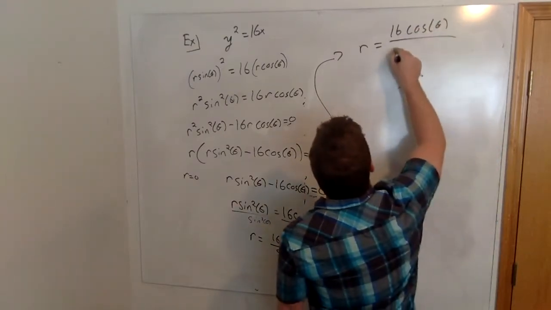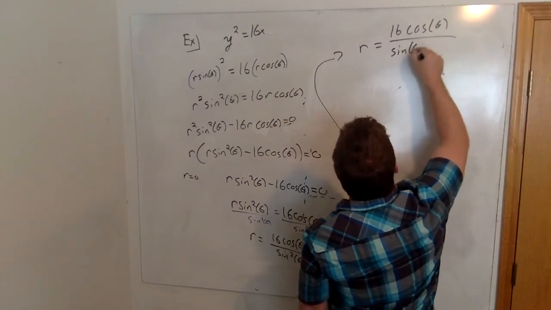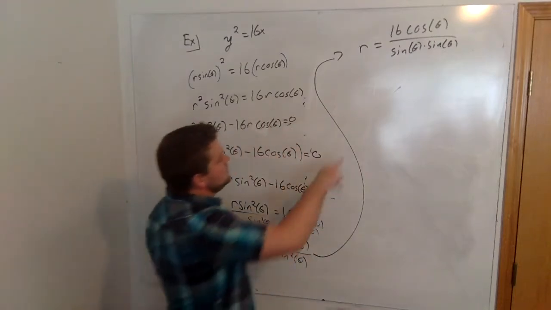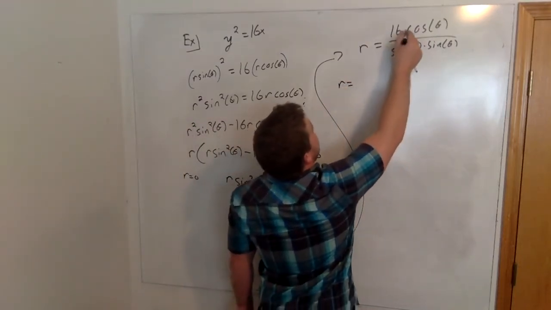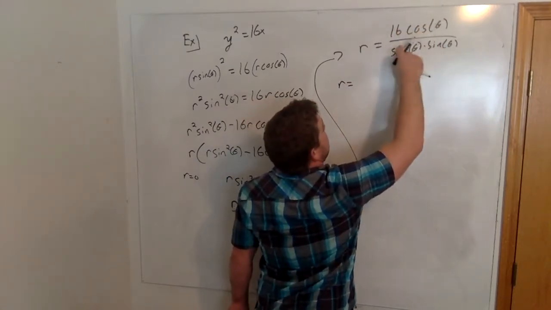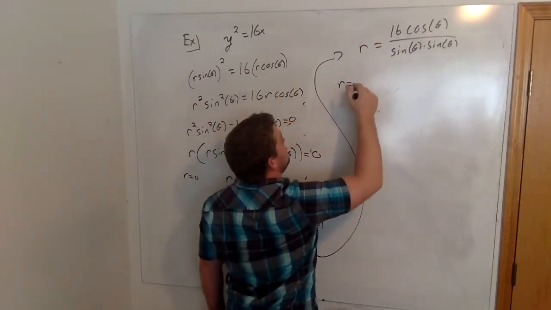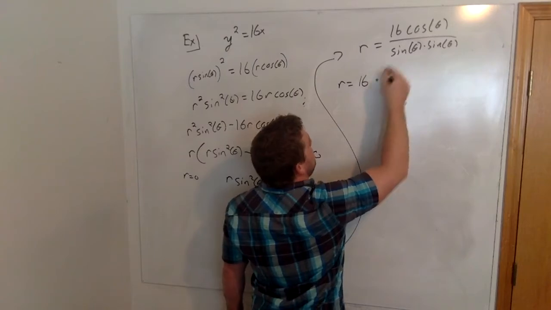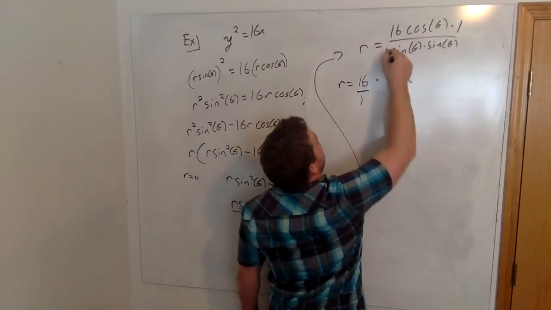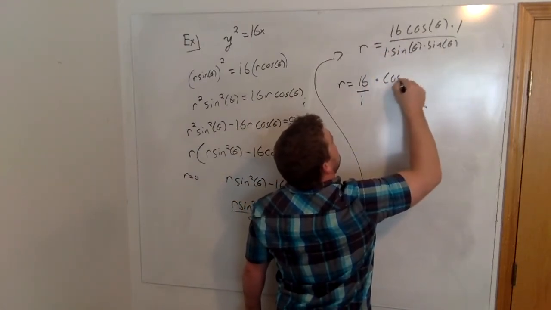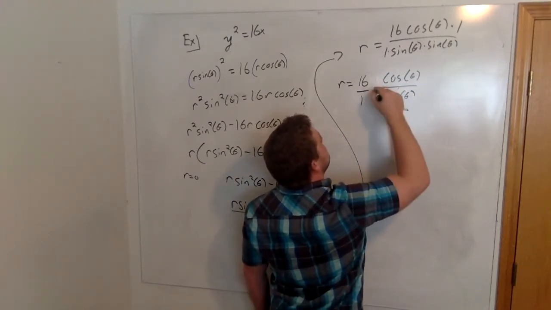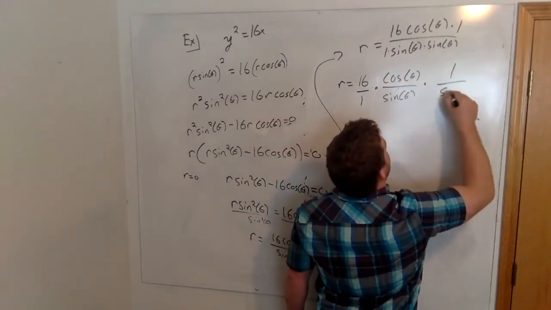How about we write the denominator as a sine of theta times an extra sine of theta. That's what sine squared means. So instead of the 16 being in the numerator, we can move it out front as a cosine over sine times 16 over 1. I'm just trying to show a lot of detail: 16 over 1 times cosine of theta over sine of theta, times 1 over the sine of theta.